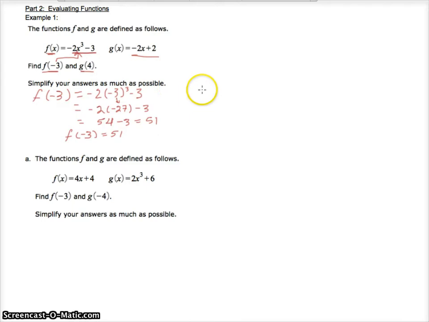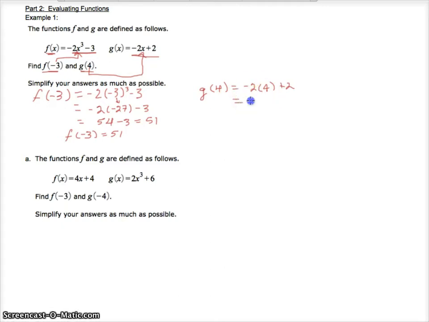Next we look at g of x. So it says g of x for 4. So I'm going to take 4 and plug it in. So I'm going to say g of 4 equals negative 2 times 4 plus 2.